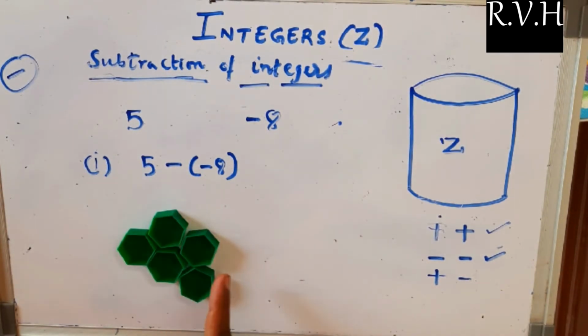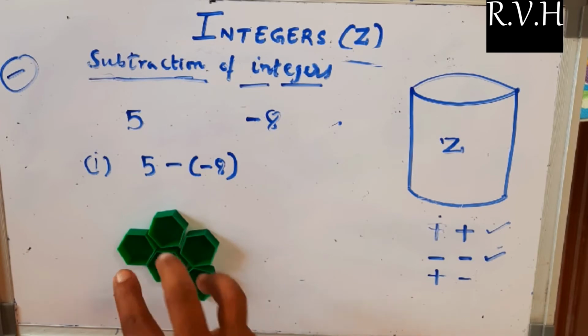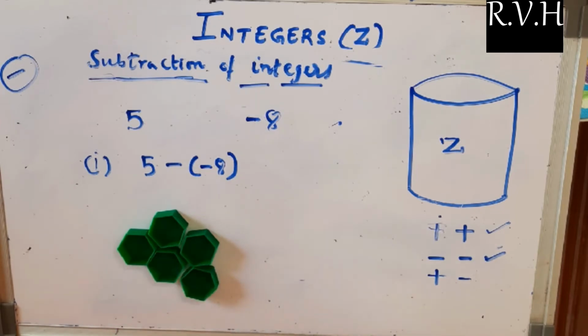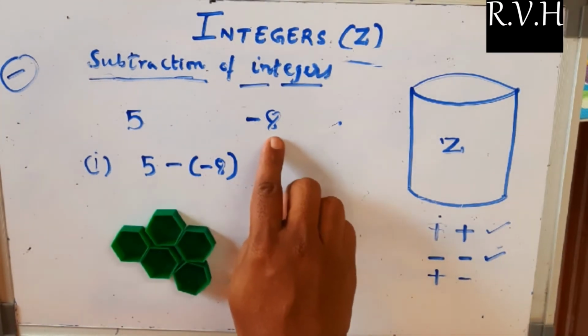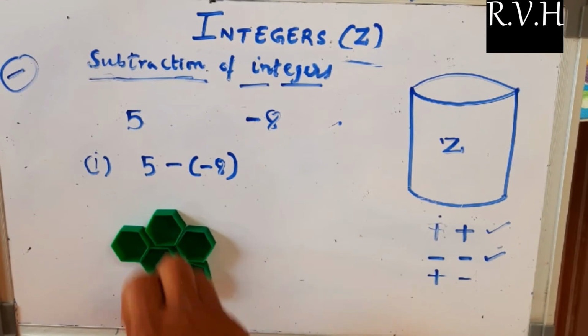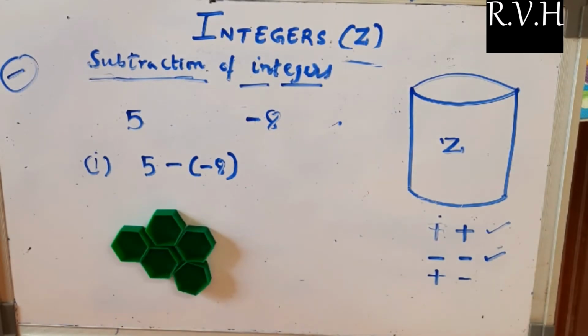Out of these 5, I have to subtract or remove 8 red ones, because minus 8 we took. It's quite interesting. It's quite confusing. How can I remove red ones while I'm having only green ones?